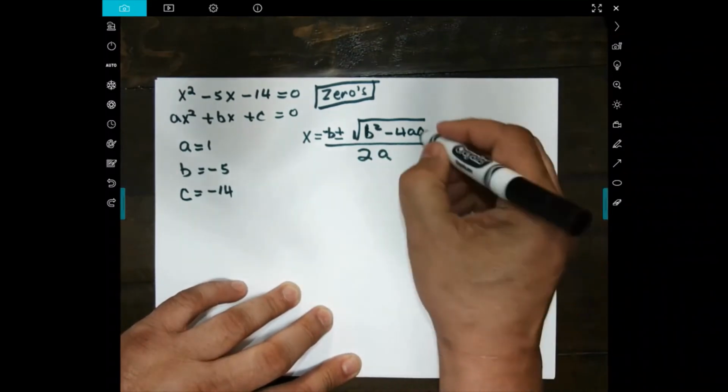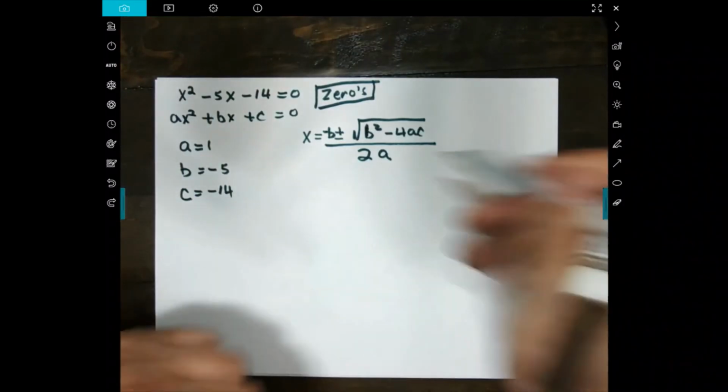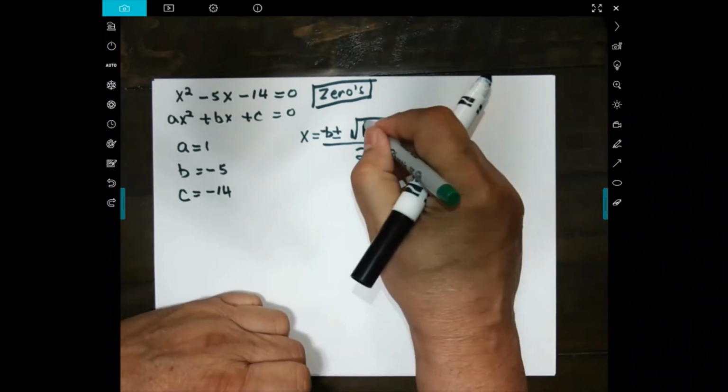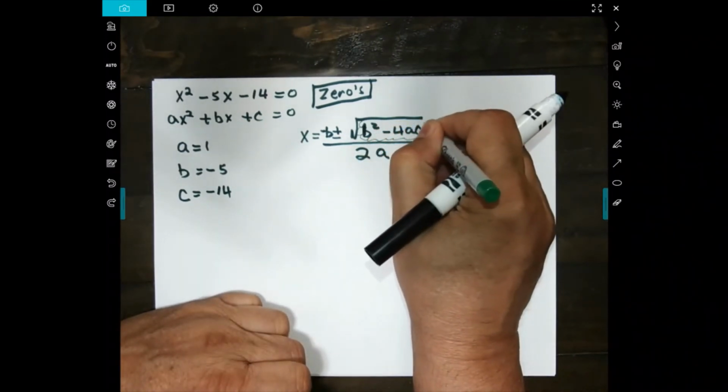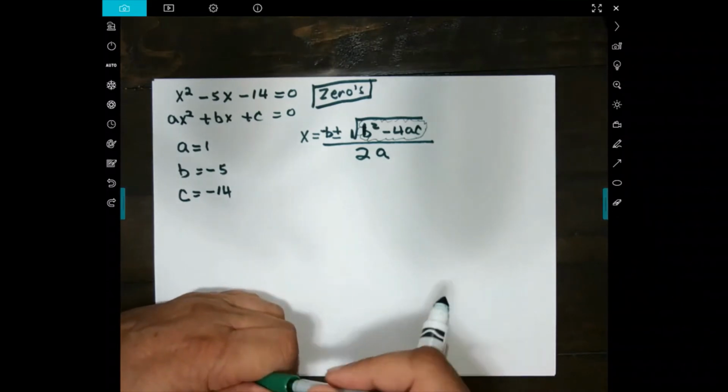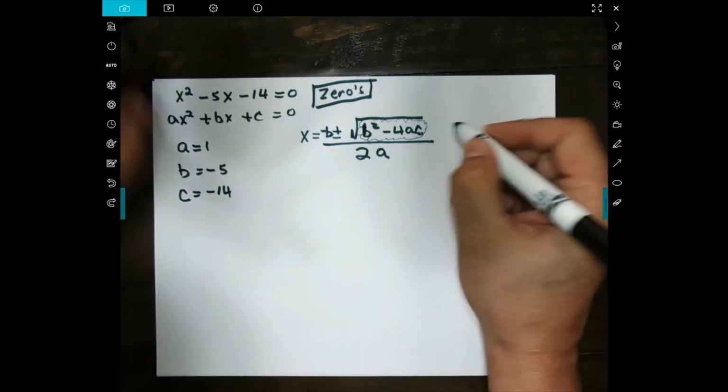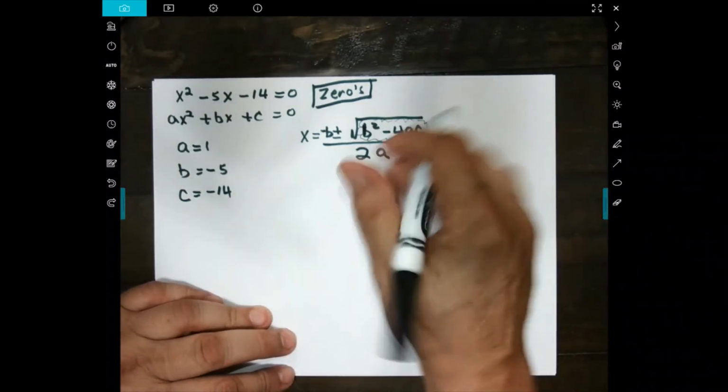The discriminant, again, is the term here under the radical.